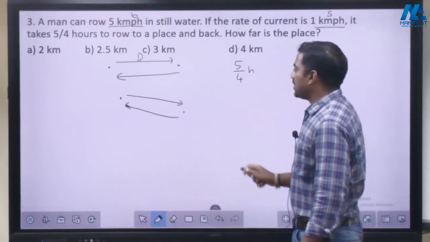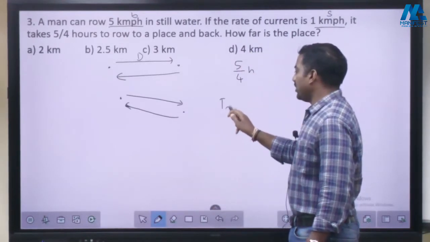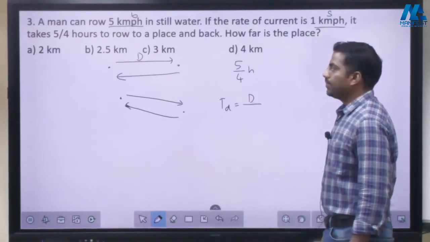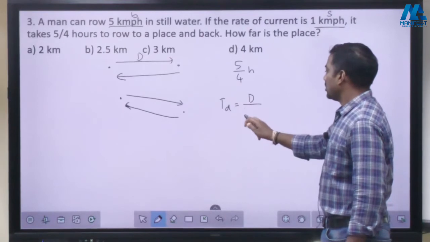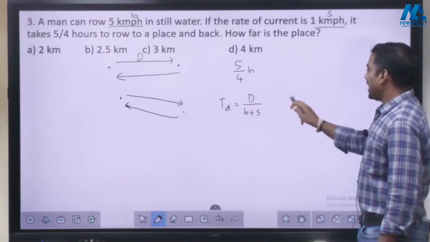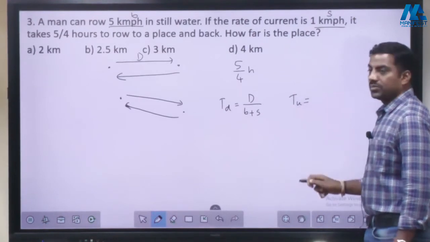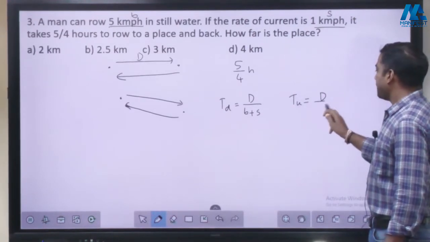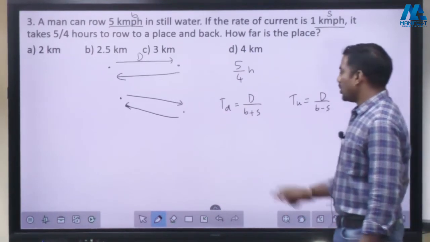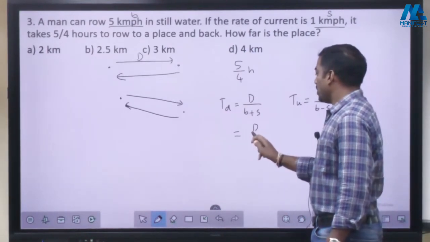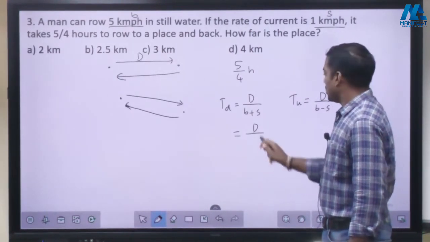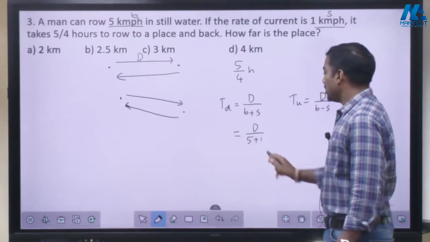So how do you calculate the time in downstream? D, that is distance divided by what? B plus S. What about time taken in the upstream? Distance divided by B minus S. Yeah. D I don't know. But B plus S is how much? 5 plus 1.